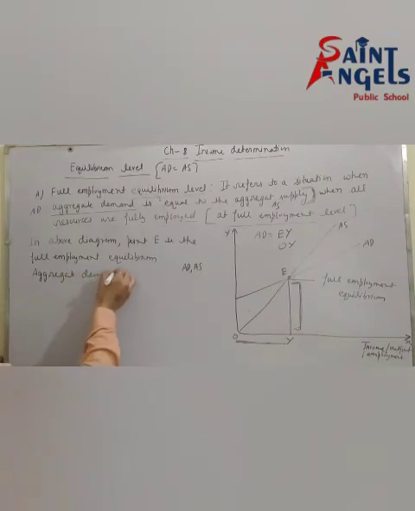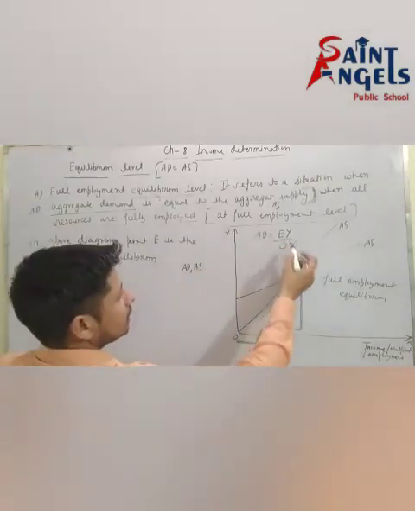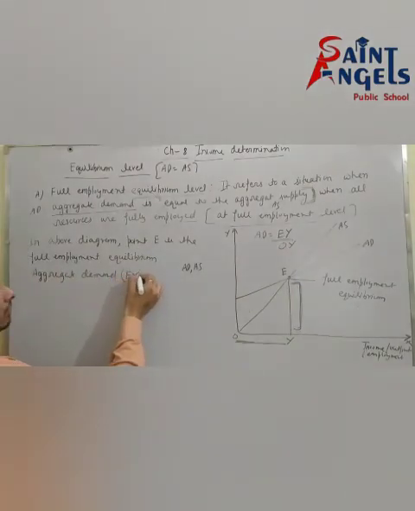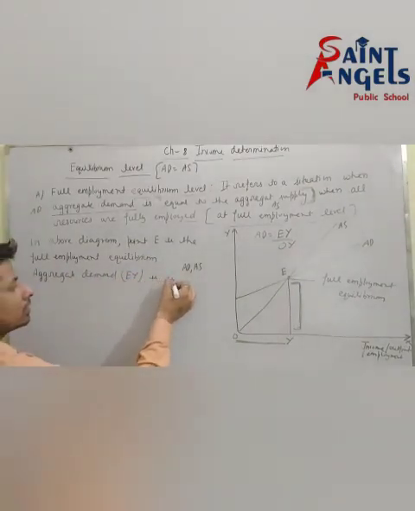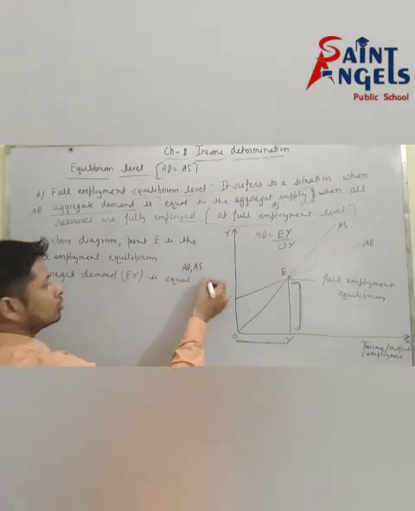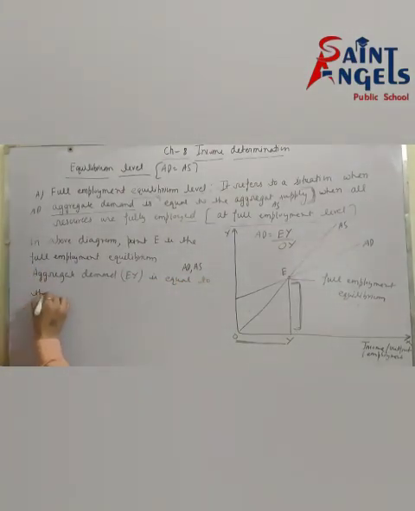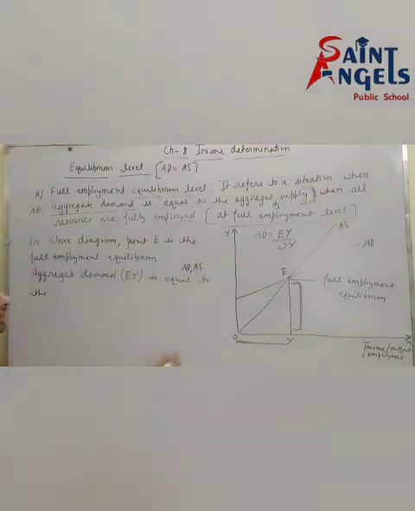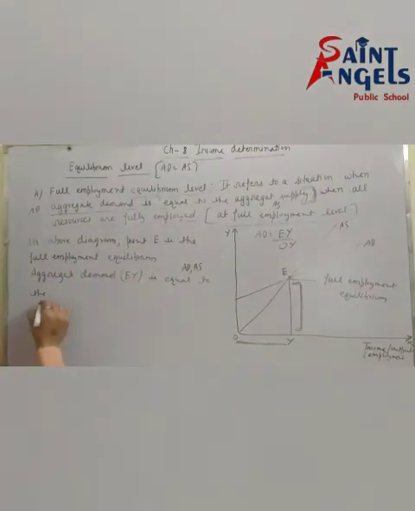aggregate demand is EY, which is equal to the aggregate output at full employment.